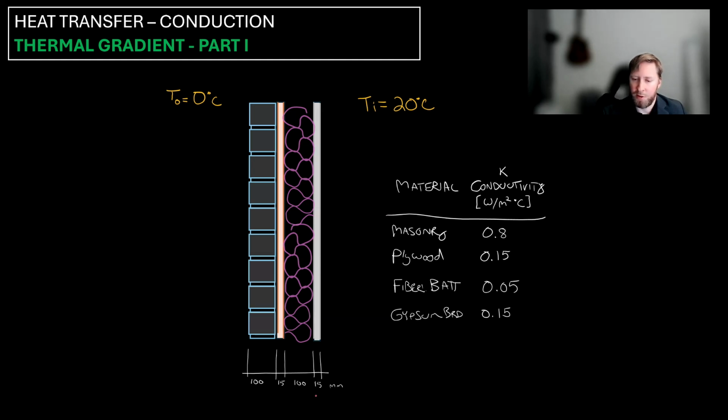The dimensions are shown down here below, in millimeters. These are obviously simplified numbers, 100 millimeters for masonry and 15 millimeters for the plywood and so forth. In reality, these numbers will vary depending on what materials you're actually using, and some will conform to dimensional lumber sizes.